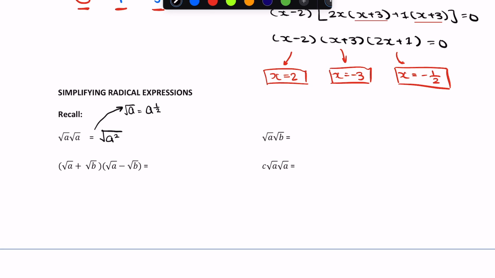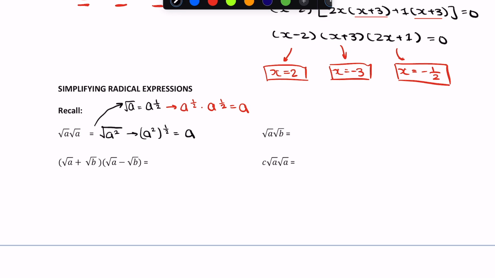So really what's happening here is it's a to the power of 1/2 times a to the power of 1/2, and if you use exponent rules, you will get a value of a. Same thing here, this also looks like a to the power of 2 to the power of 1/2. That is also equal to a.